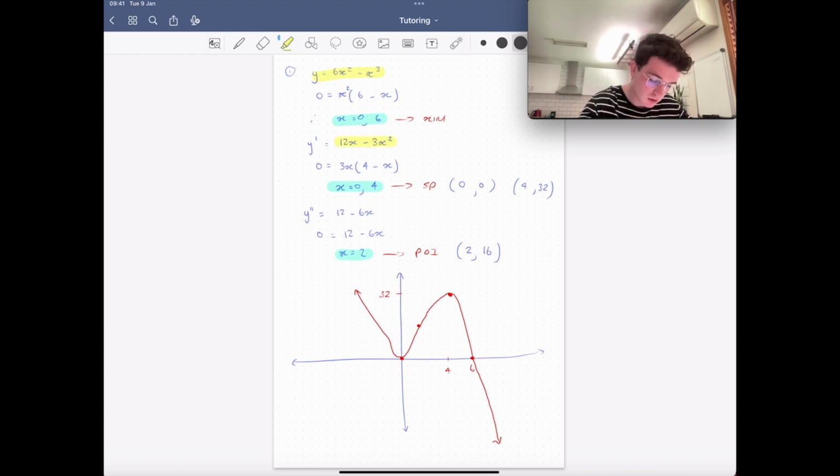And the second derivative was a straight line. So when we differentiate a function, we're always going to get the leading term to be one degree less than what we started with. We should know that from learning about differentiation. So what that means is you have a cubic function, its derivative is going to look like a parabola, and its second derivative is going to be a straight line.